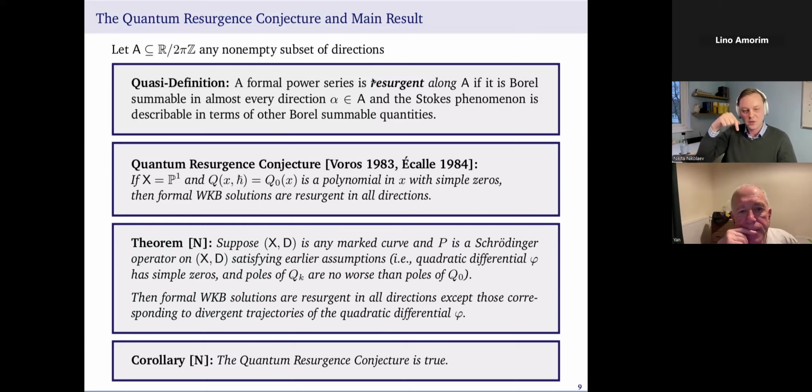So if you're sitting at a point on the spectral curve and you shoot out a trajectory of the quadratic differential for a specific phase, and that trajectory runs into a ramification point, then that is what I call a critical path. And that is going to manifest itself as a visible singularity in the Borel plane.